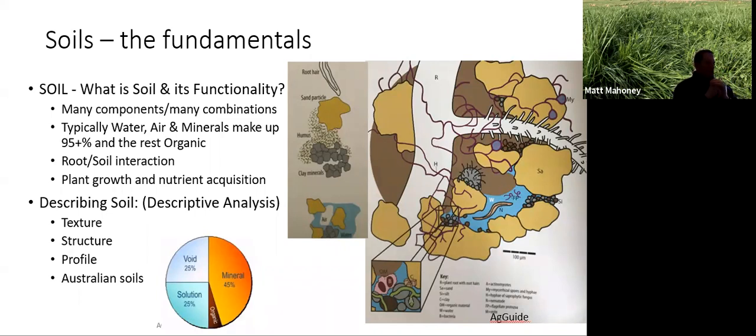Typically the water, air and minerals make up 90% or more of a soil, and the rest is organic matter. So the smallest fraction, as I was saying before, might be 5%. The remaining 5% there is going to be, as we'll understand, probably the most important part of that soil fraction.